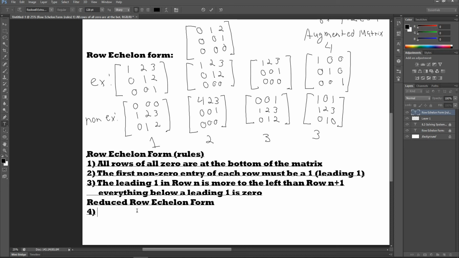So to be a row echelon form, each column contains a leading 1 and no other entries.